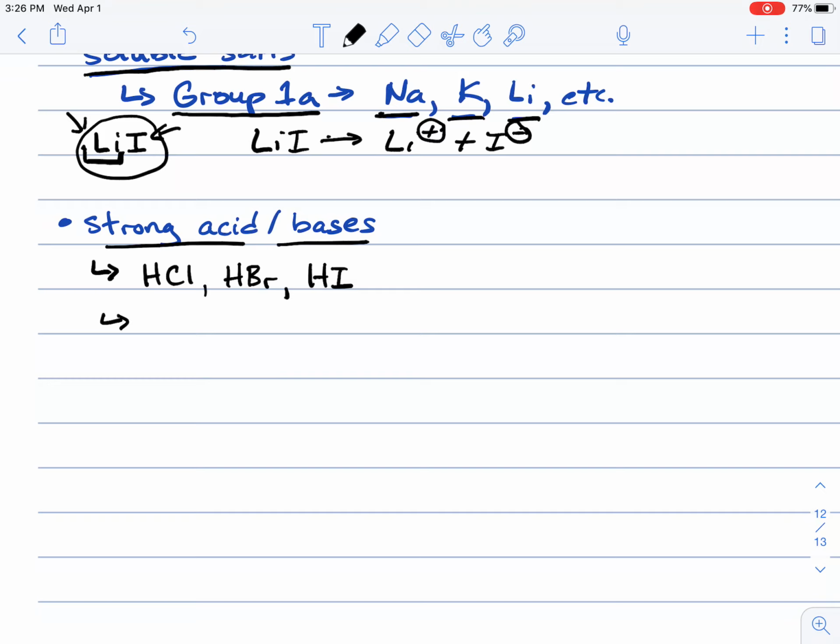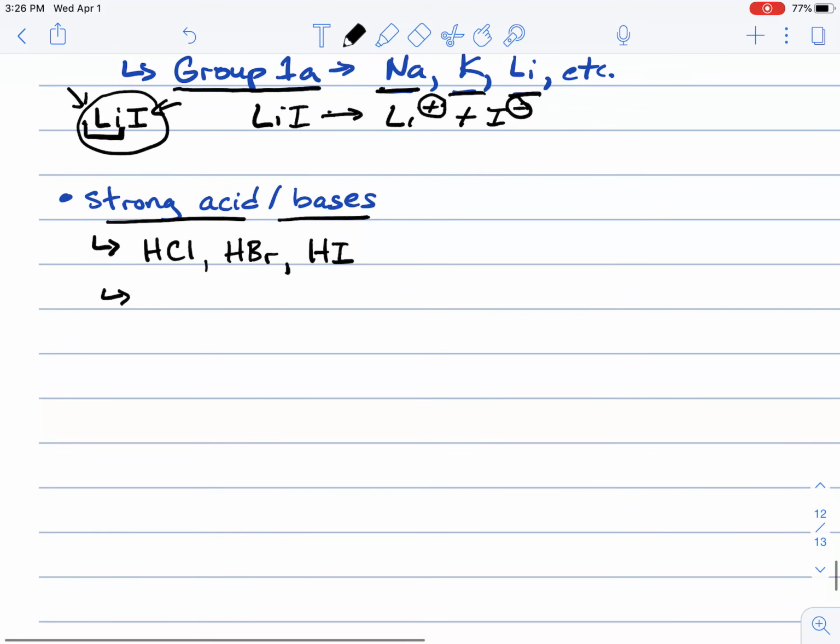Those are common strong binary acids. And then we also have other types of acids. They're classified as oxyacids, and we'll learn about oxyacids and binary acids more in the next chapter. But here we have HClO4, so this is perchloric acid.